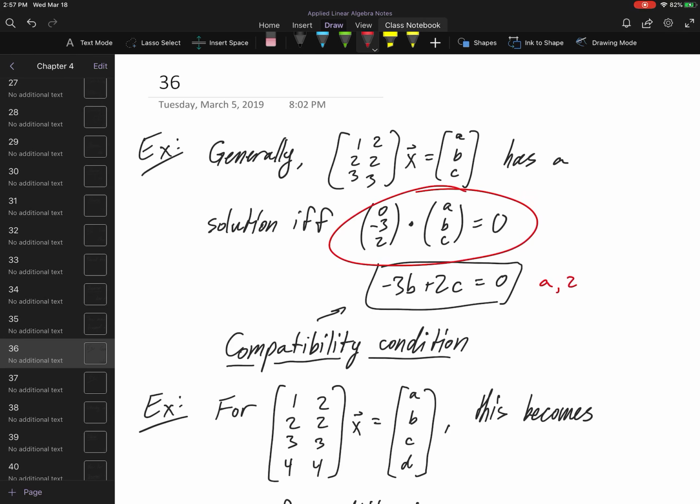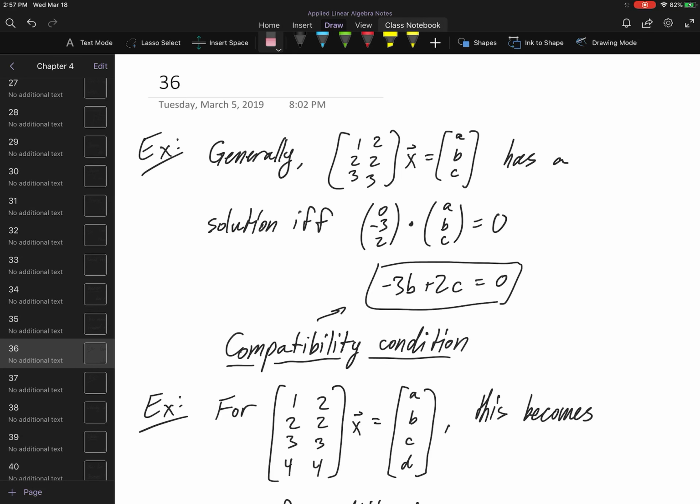That would mean that A is irrelevant, but B and C have to be in opposite proportions. So we'll do B and then plus 3B. That would be a complete set of solutions, and this would mean I would have a basis for my image that looks like this.